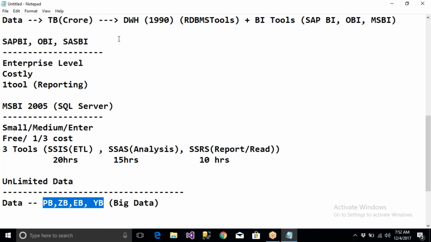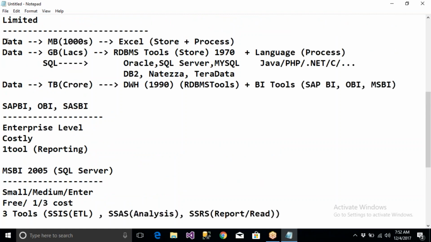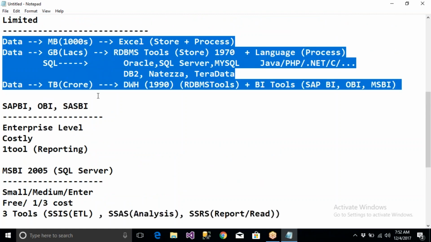In olden days, only humans were creating data. How was the data being captured? You go to the shop, you buy something, you create data. You go to a railway reservation counter, you buy a ticket. So post event, post transaction, the data is created and stored.